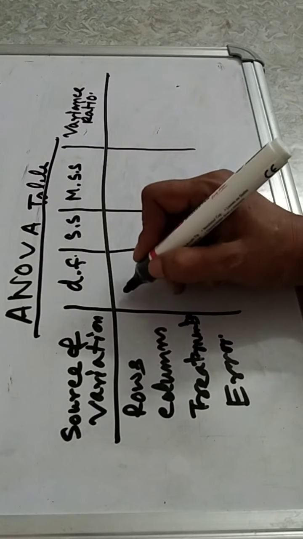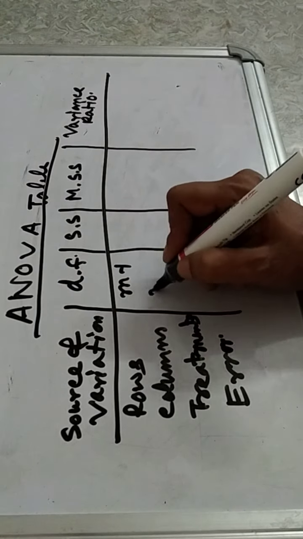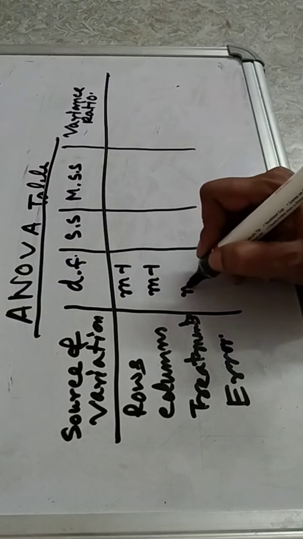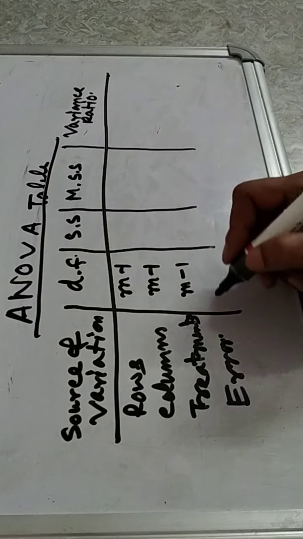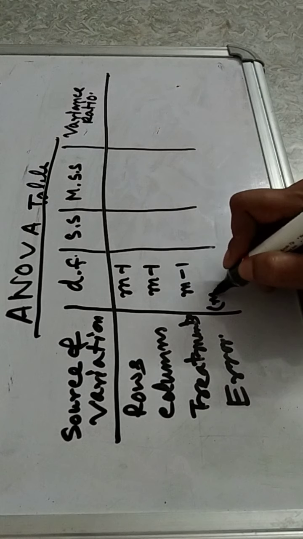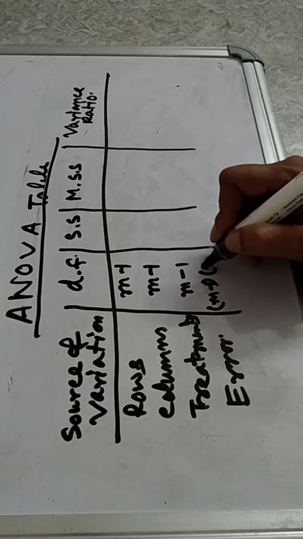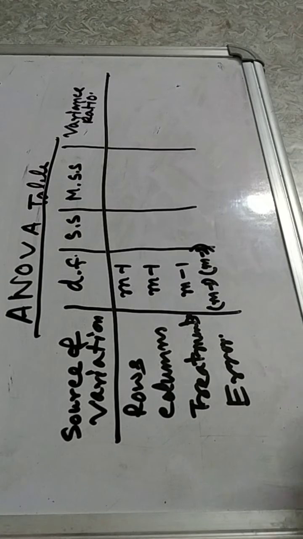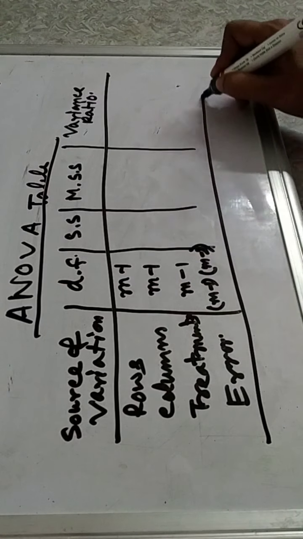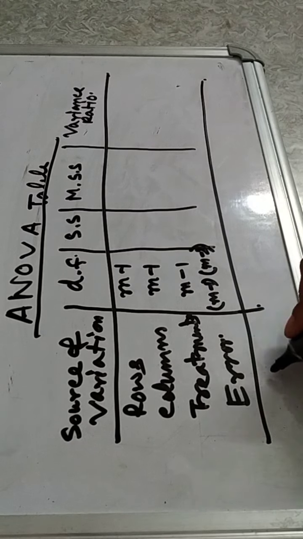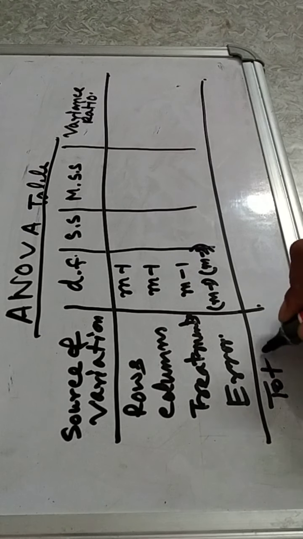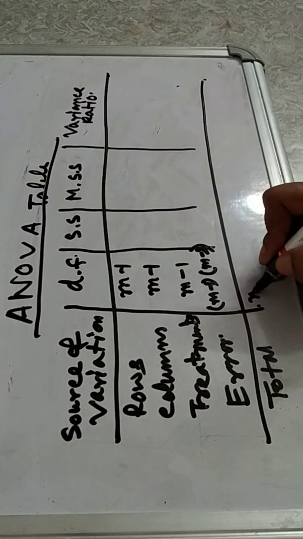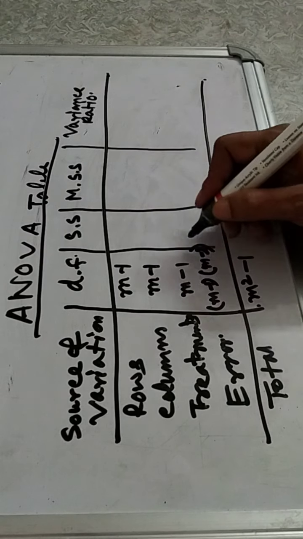For rows, degrees of freedom m minus 1, for column m minus 1, for treatment m minus 1, but for error degrees of freedom is m minus 1 into m minus 2. Here total degrees of freedom m square minus 1.